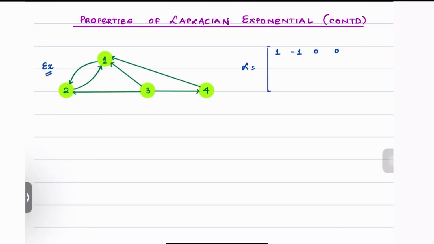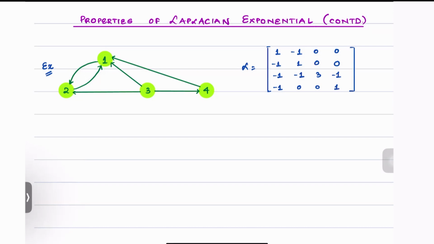Node number 2 similarly has just one outgoing edge to node number 1. Node number 3 has outgoing edges to every other node in the network. Node number 4 again has an outgoing edge only to node number 1. So this is the Laplacian matrix.